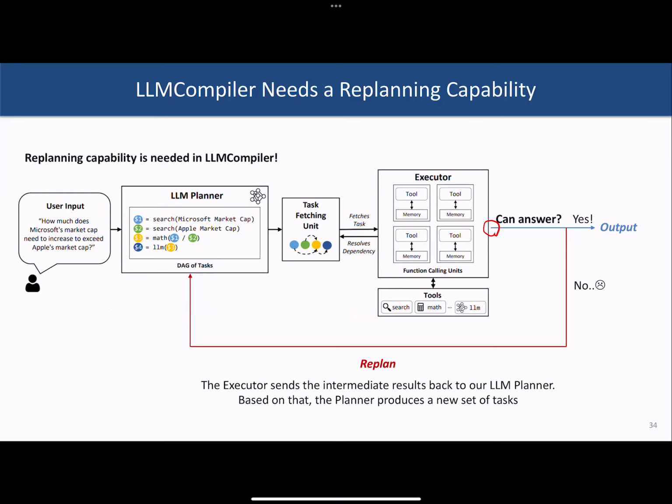But in the case where it goes wrong, we have to do a replanning, in which case you have a feedback loop to provide the LLM planner with additional context, that there is additional information we need, or that this tool has unexpectedly failed for whatever reason. Based on that, your planner will come out with a second plan that goes through another loop of planning and executing.